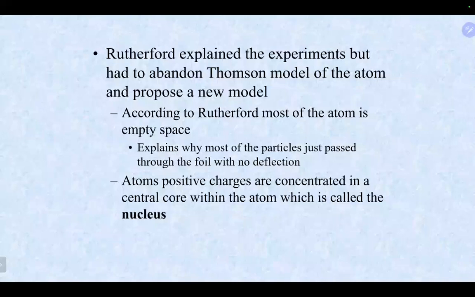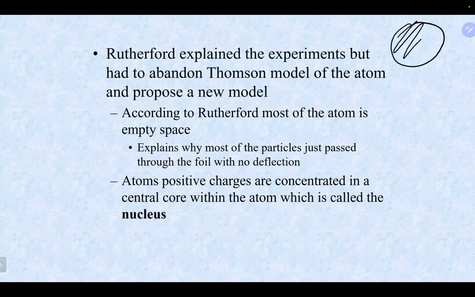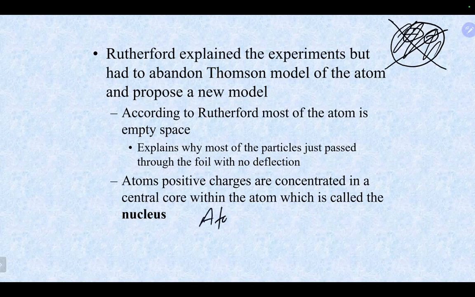So they had to take that early idea of positive charge spread out with electrons embedded and say, not so good. And they came up with the idea that the atom is mostly empty space.